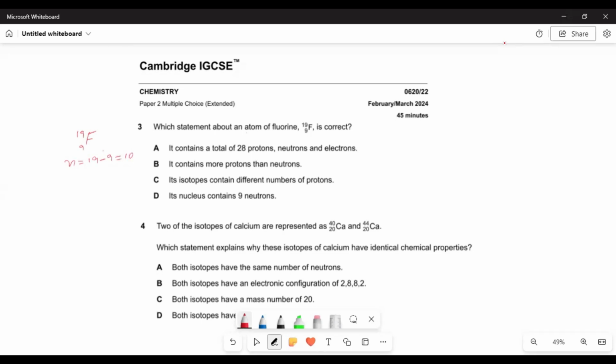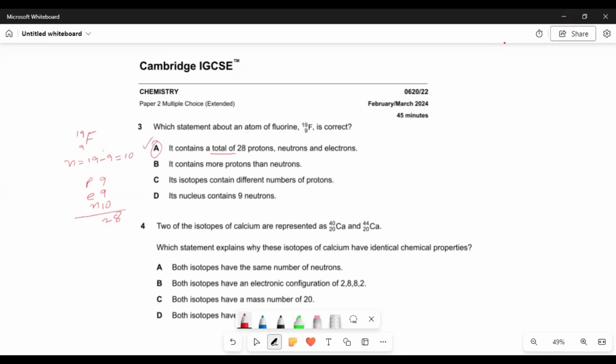Now, first it contains a total of 28 protons, neutrons, and electrons. So now count the total number of particles. It has 9 protons, and for a neutral atom, the number of electrons would be the same. So 9 protons, 9 electrons, and 10 neutrons. So the total is 28. Yes, it is correct.